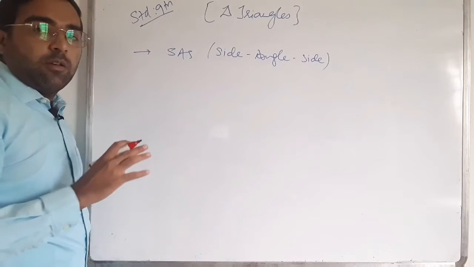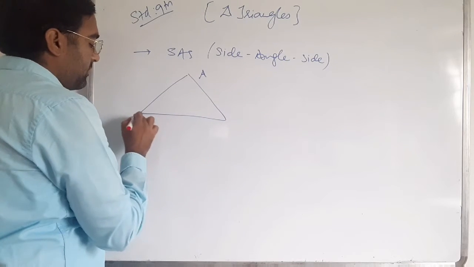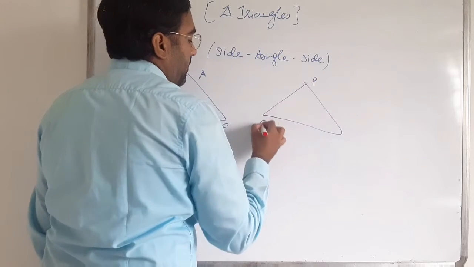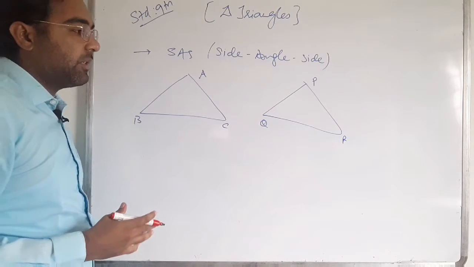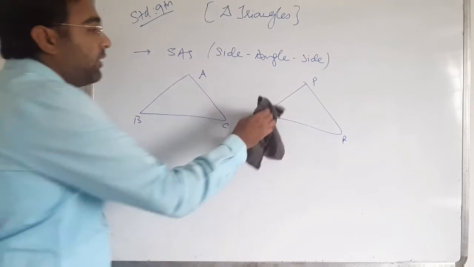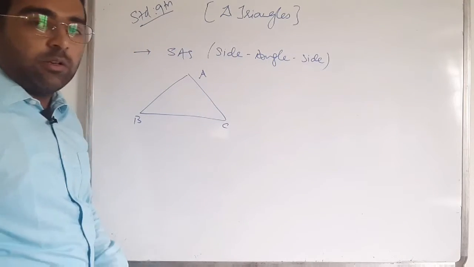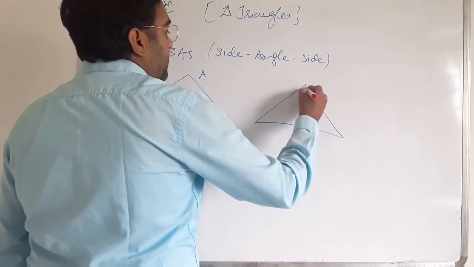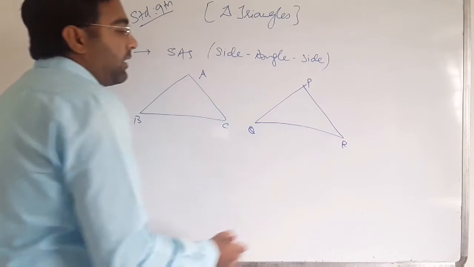Here we take two triangles ABC and PQR. From the definition of congruency, both shapes must be the same and their sizes must be equal.